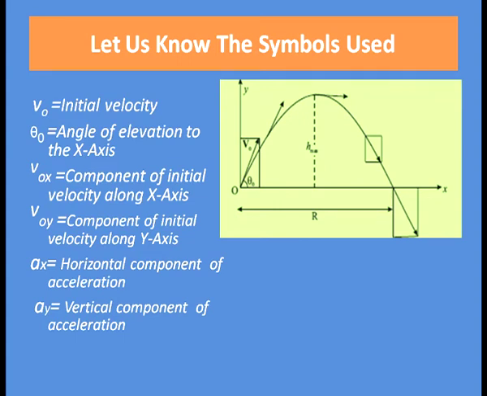Vox is the component of initial velocity along the x-axis. Voy is the component of initial velocity along the y-axis. Ax is the horizontal component of acceleration and Ay is the vertical component of acceleration.